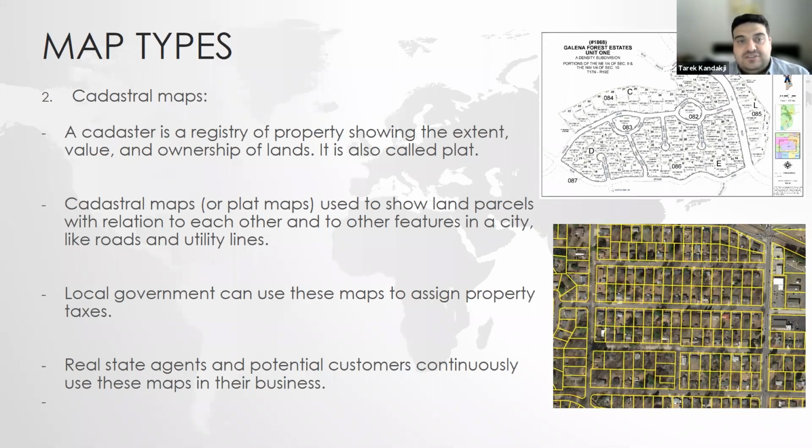Now, the other type of maps is the cadastral maps. What's cadastre? Cadastre is a registry of property showing the extent, value, and ownership of lands. So, for example, if we look here, each yellow shape here is a parcel, a piece of land owned by someone, with a certain value.